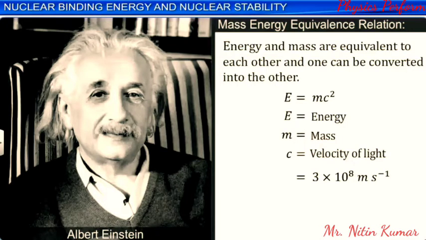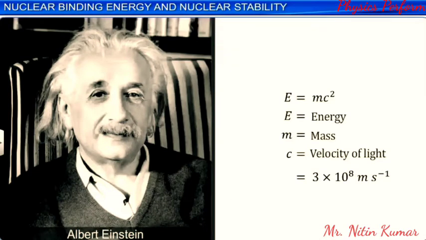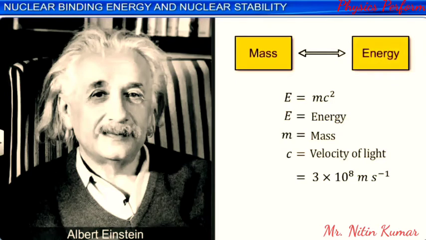Here, E is referred to as the energy equivalent of the mass. According to Einstein, mass is a form of energy and it can be converted into other forms of energy, say kinetic energy, and vice versa.